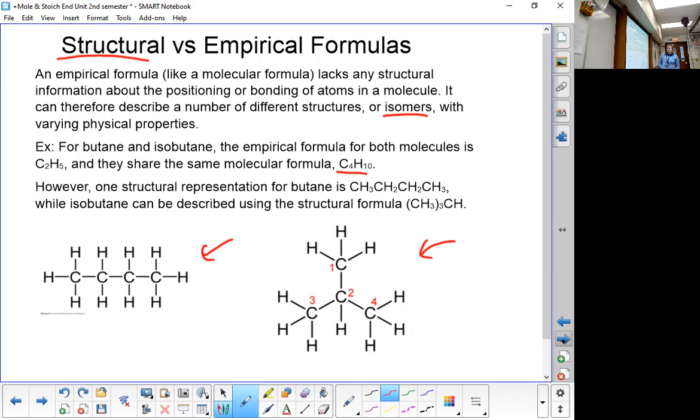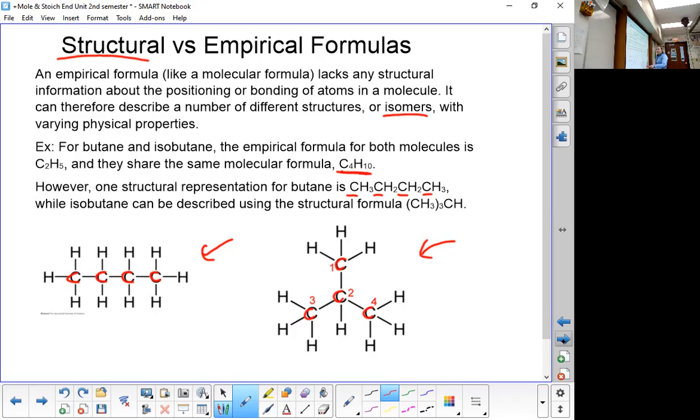To emphasize the difference between a structural versus empirical formula, the structural representation for butane, rather than writing C4H10, would be CH3, CH2, CH2, CH3. It's connected as CH3, CH2, CH2, CH3. And it actually behaves differently, with different physical properties, melting point, boiling point, density, than isobutane, or 2-methylpropane, here.